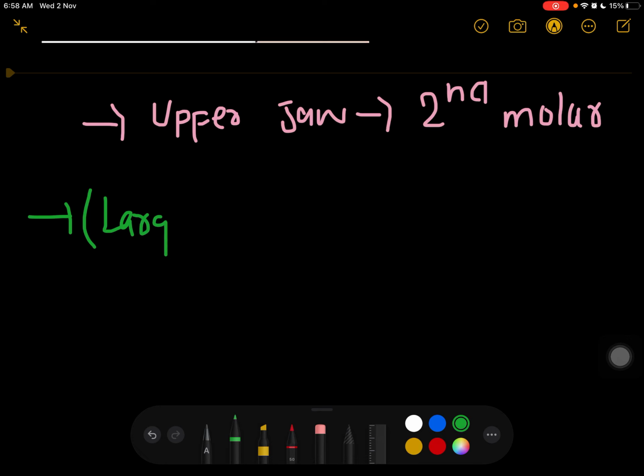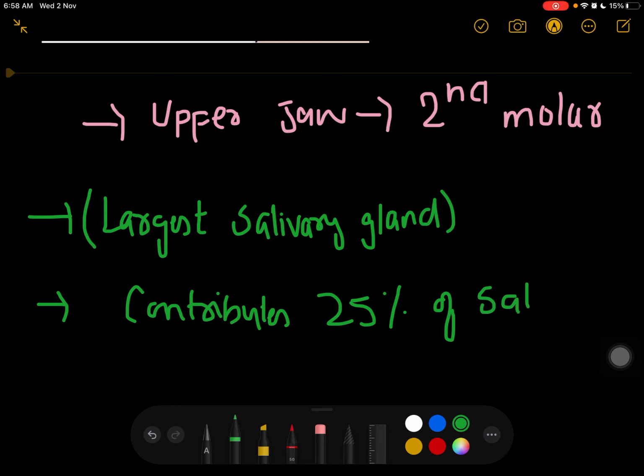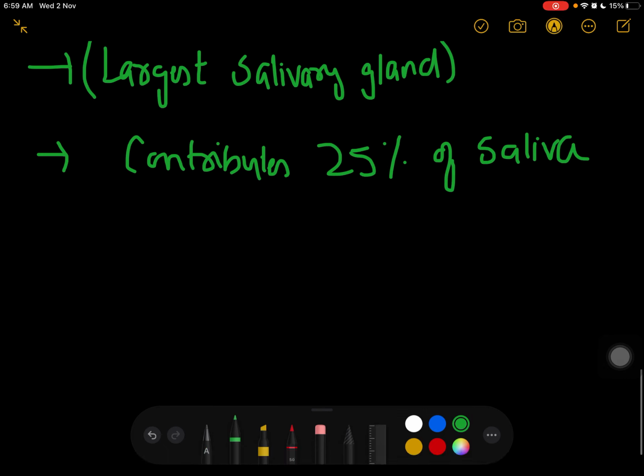Despite being the largest, it only contributes 25% of the saliva. It contains serous cells.